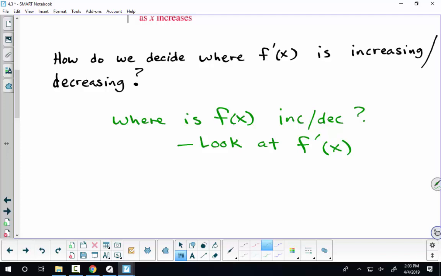The second derivative, yeah. Where is the function increasing or decreasing? We had to look at the first derivative. Where is the first derivative increasing, decreasing? You have to look at the second derivative. Where is the fifth derivative increasing and decreasing? You have to look at the sixth derivative. Yeah, so that pattern is consistent all the way through.